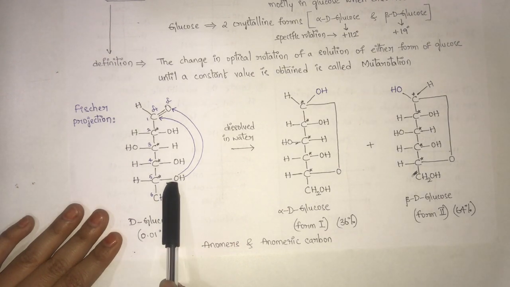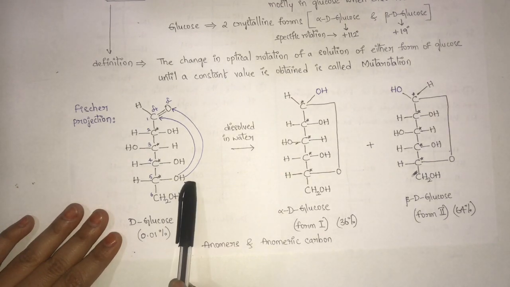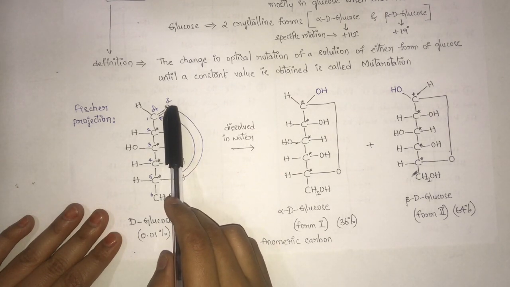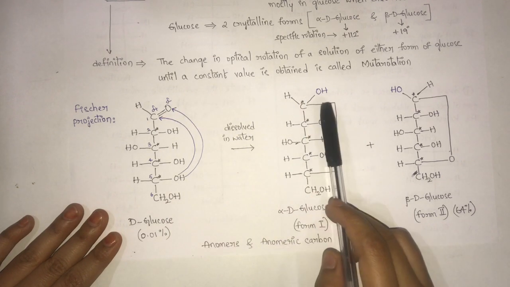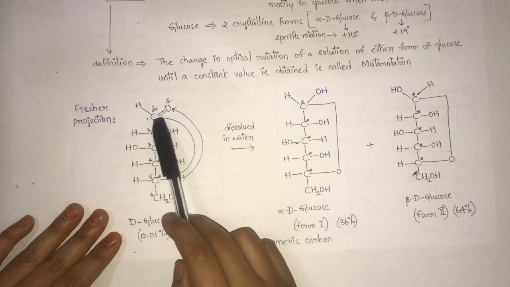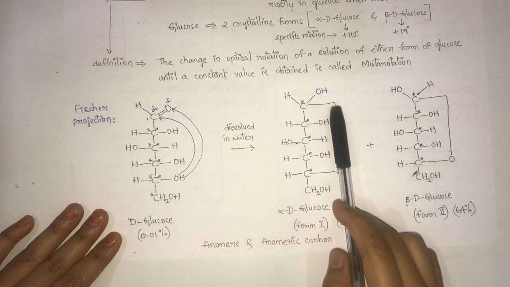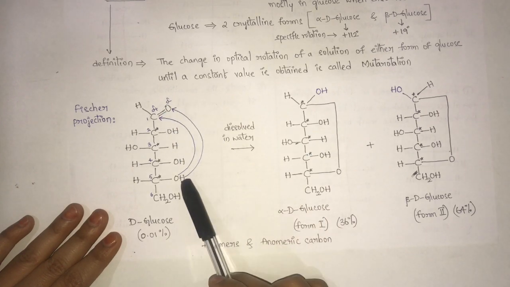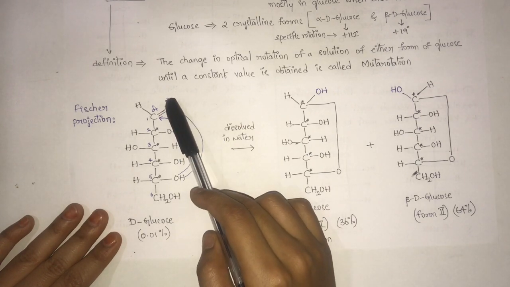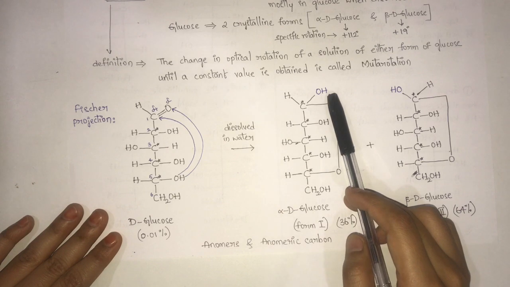So it will form a stable cyclic hemiacetal form. The hydrogen is going and forming a bond with this oxygen. You can see here, this carbon is forming a bond with oxygen in the Fischer projection, and the oxygen is taking the hydrogen from that particular hydroxyl group.